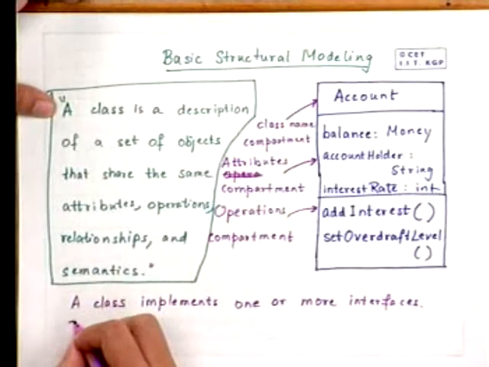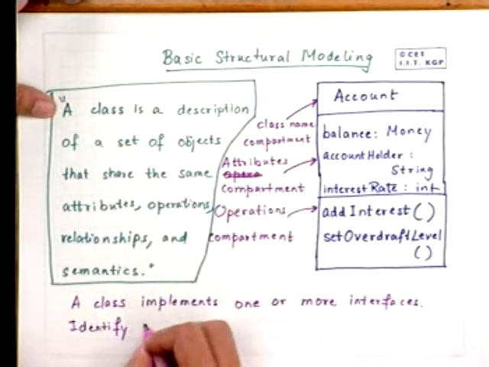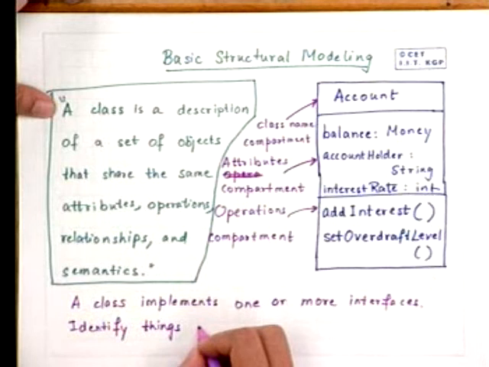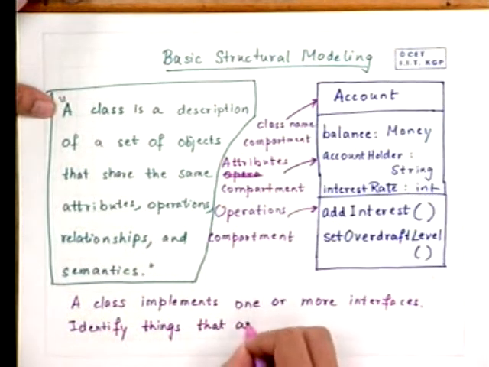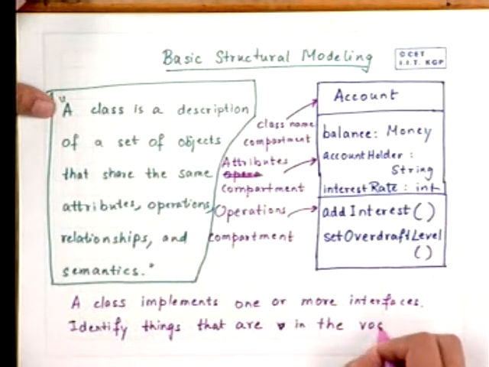Modeling a system involves identifying the things that make up a system, the things that are in the vocabulary of the system.